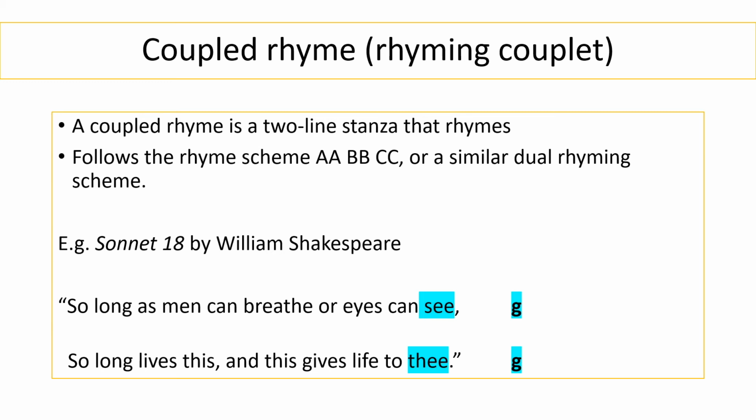Coupled rhyme, or as William Shakespeare dubbed it, the rhyming couplet. A coupled rhyme is a 2-line stanza that rhymes following the rhyme scheme A, B, B, C, C, or something similar. Now I've used the exact same poem from the slide before, but I've used the last 2 lines of his poetry.